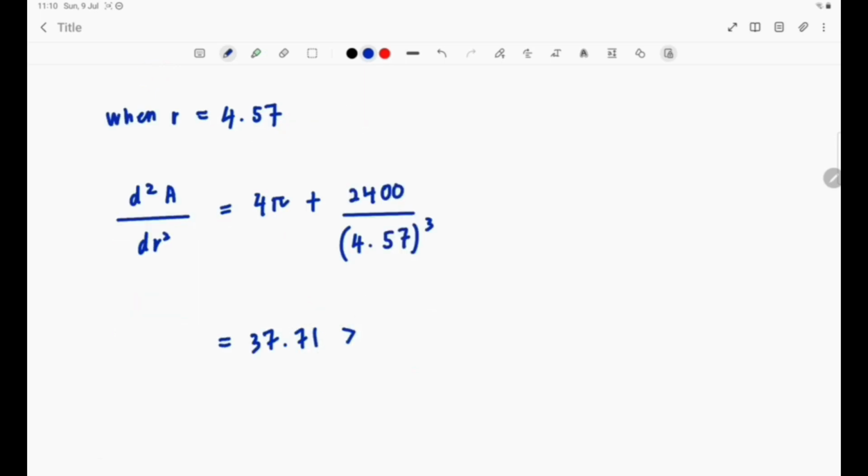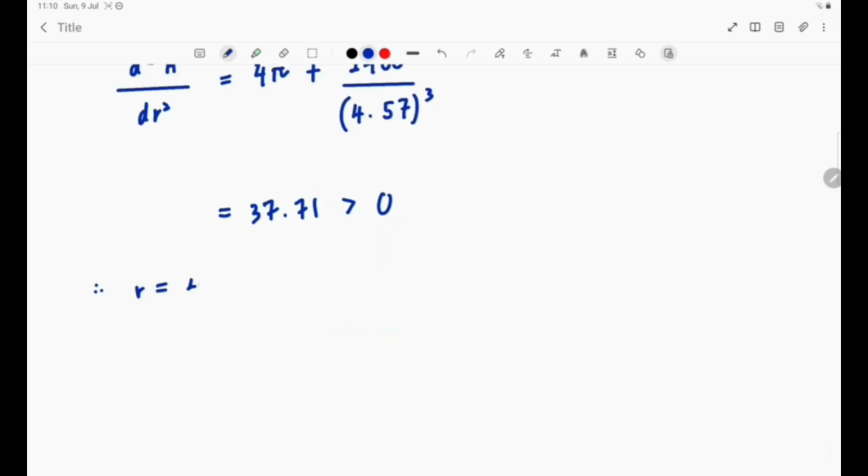It is a higher value than 0. So r equals 4.57 cm is a minimum value.